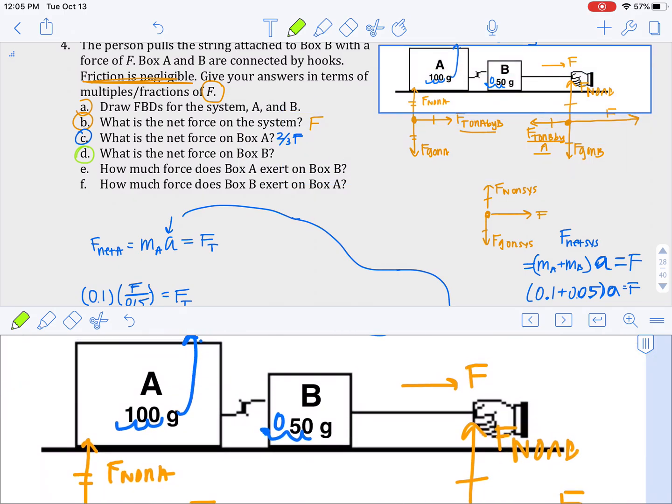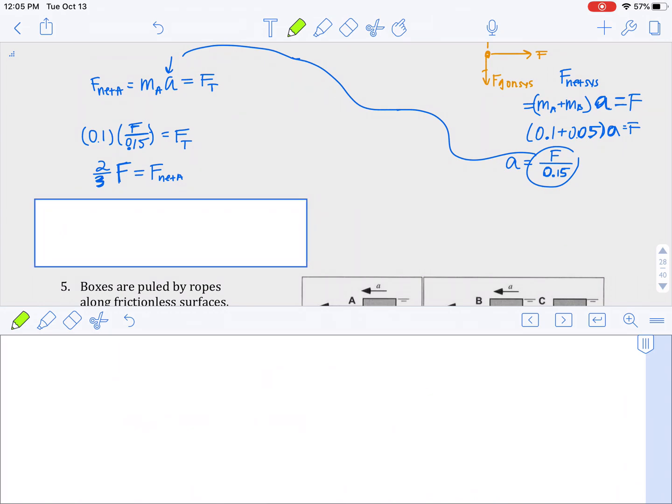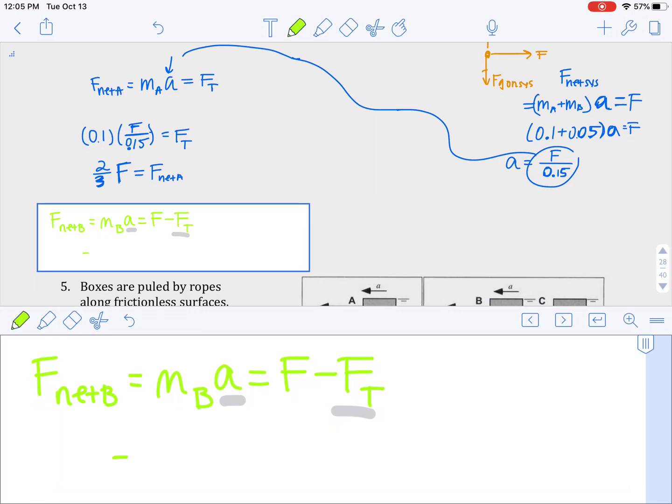So I have my net force on block B is going to be MB times A, F minus FT. Well, good thing I already solved for FT and I already solved for A, because now I just need to plug stuff in.